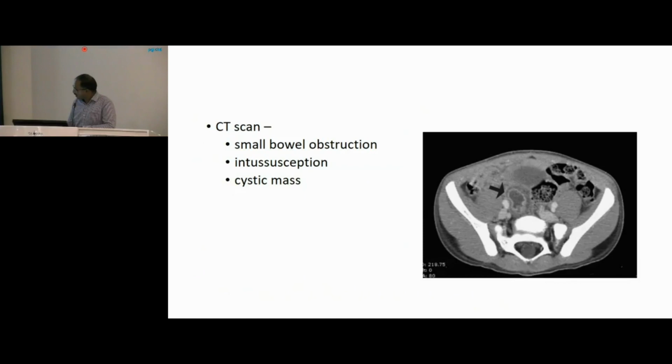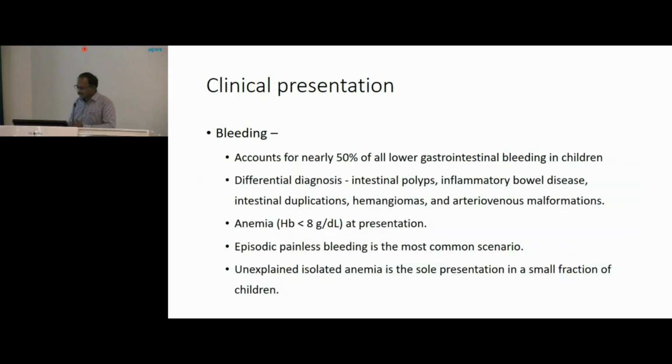Usually in CT, Meckel's diverticulum is generally not seen, but sometimes it causes inflammation and can be seen in the picture. This is Meckel's diverticulum showing inflammatory features, and other signs like intussusception or a cystic mass can be appreciated. So coming to clinical presentation, it is a common cause of lower GI bleed.